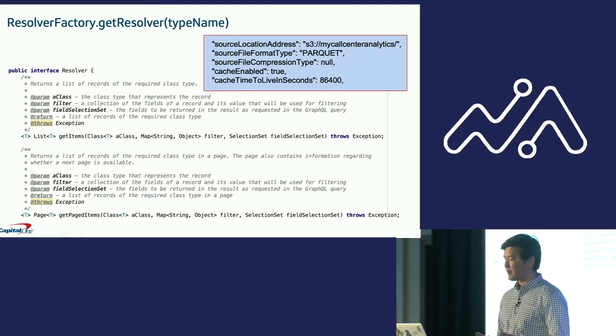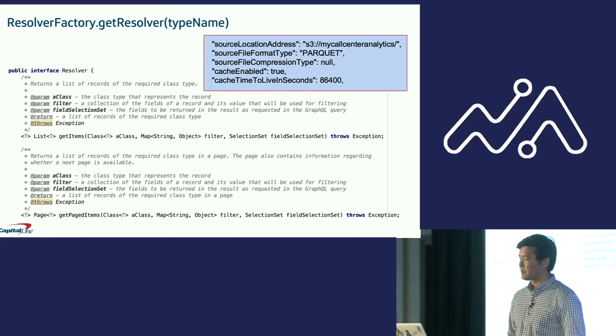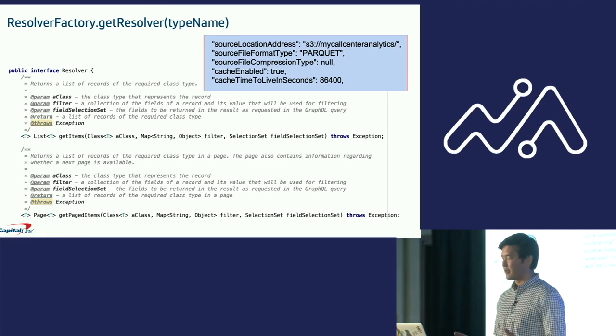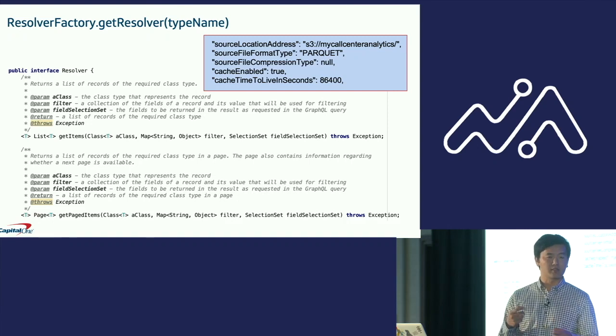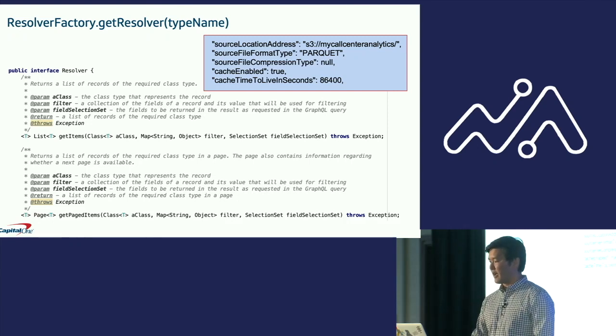For resolver wiring, I leverage an implementation that I call resolver factory. It's just a typical factory pattern that returns the appropriate resolver for the requested query based on the user request, using polymorphism.